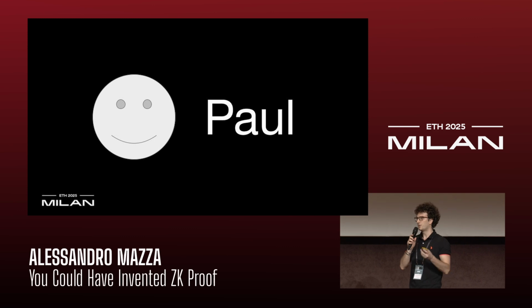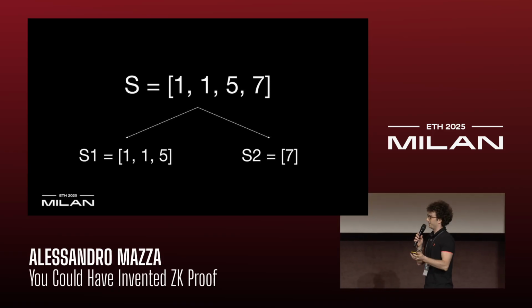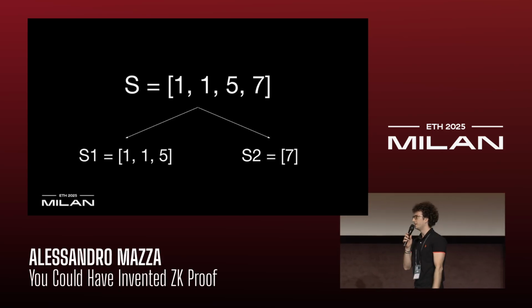What he has to do is, he's given a list of numbers, and let's call this list S. In our example, S contains 1, 1, 5, 7. And Paul's job, for earning money, is to find S1 and S2, which are two subsets of the initial list S, such that the sum of the items of S1 equals the sum of the items of S2.